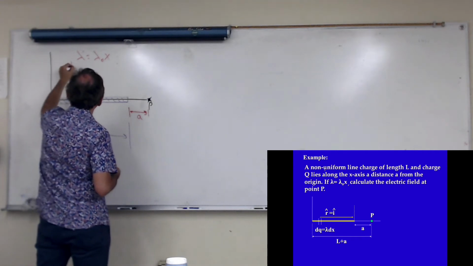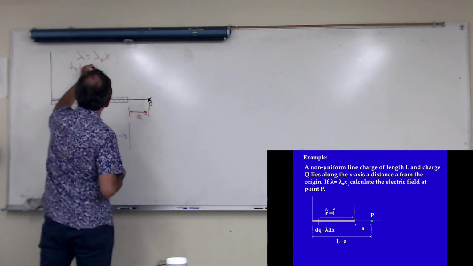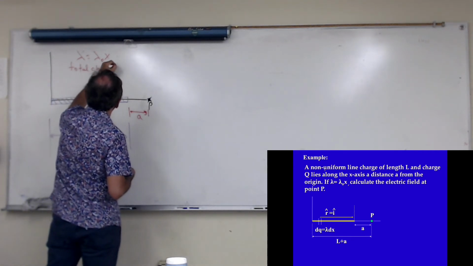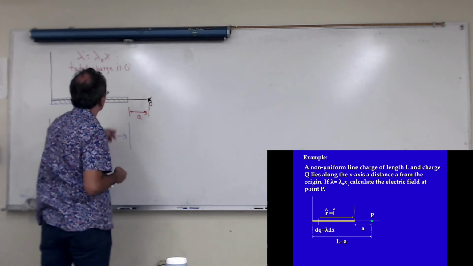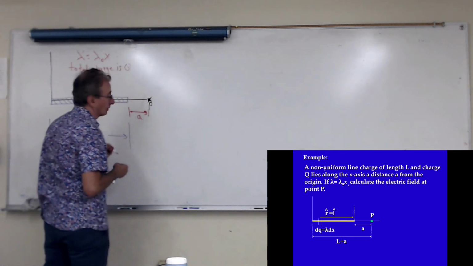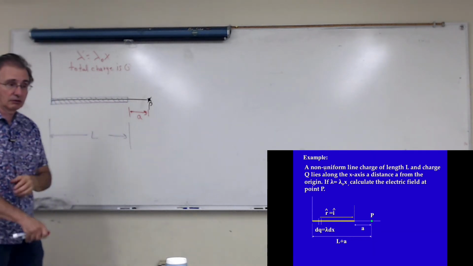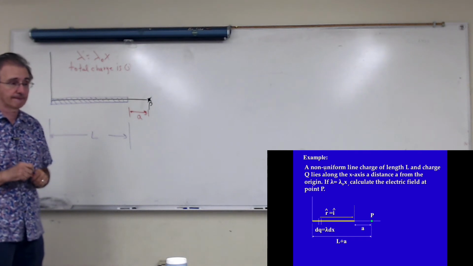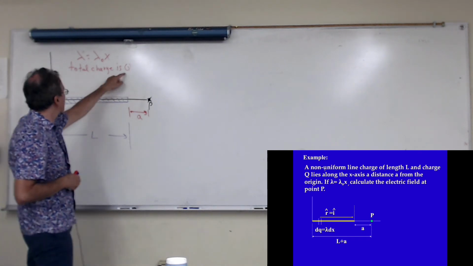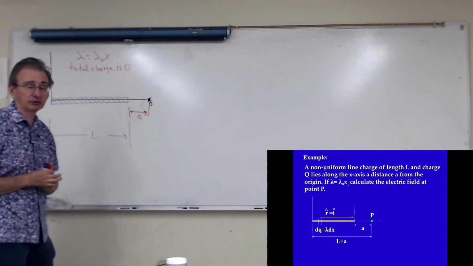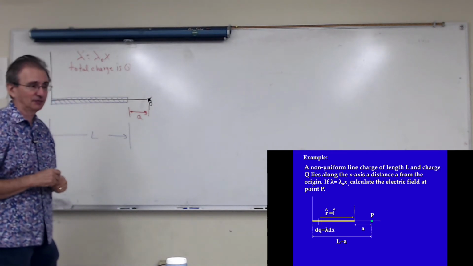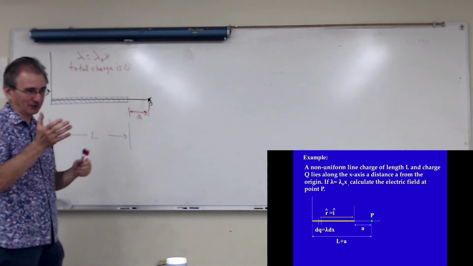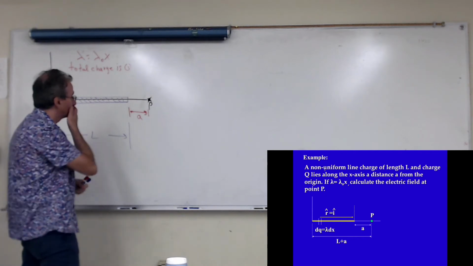But the total charge is Q. Since I know the total charge, I can actually solve for that if I wanted to, and I will. And that's going to be related to some homework problem number 9.